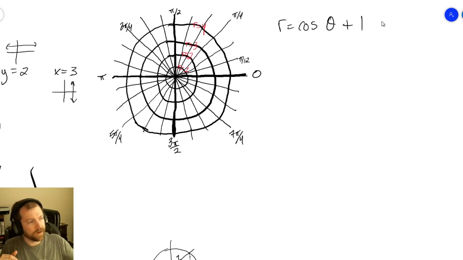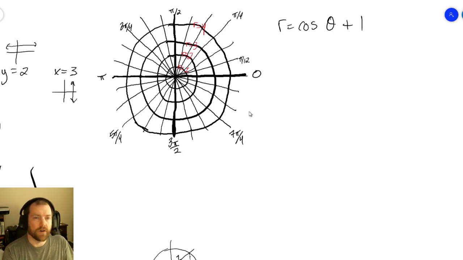But 1 what? This is very different from rectangular coordinates. Unlike with rectangular coordinates, this is going to be a radial direction.